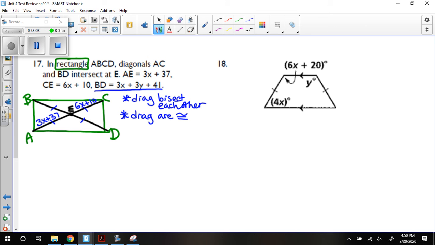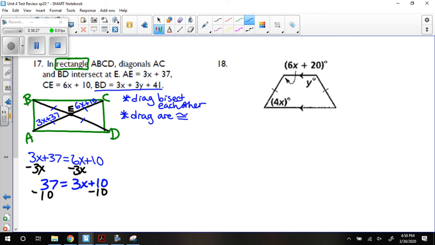So for my first equation, I can say 3x plus 37 equals the 6x plus 10. So I can go ahead and solve that. I can minus my 3x, and I've got 37 equals 3x plus 10, minus 10 is 27 equals 3x, and divide by 3. Okay, so I know that 9 is what x is.